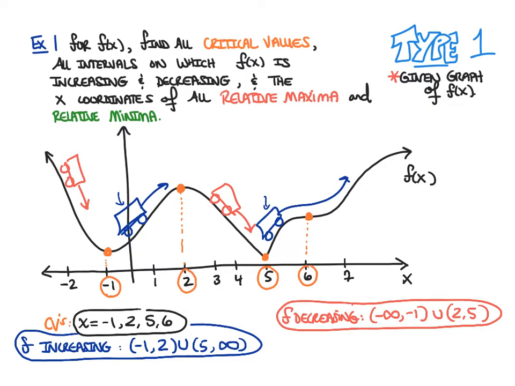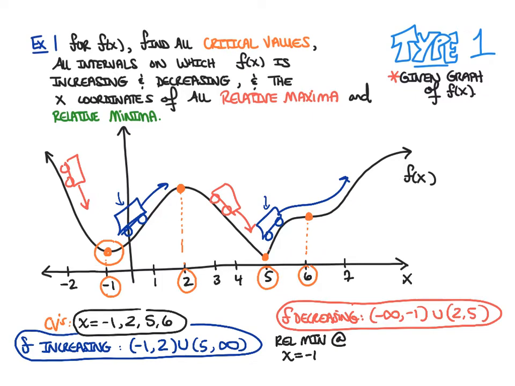Okay. And the final question says, where are my relative maxima and my relative minima? So when I zoom in on my critical points, let's start with this critical point. When I zoom in on that, it is smaller than everything around it, so that is a relative min. So I will have a relative minima at x equals -1.